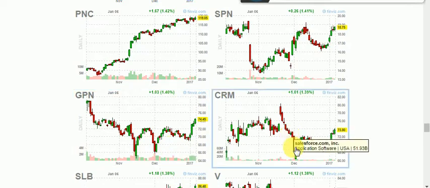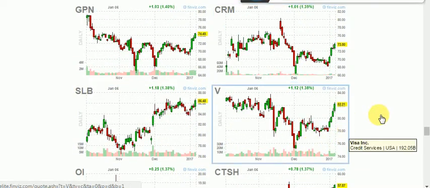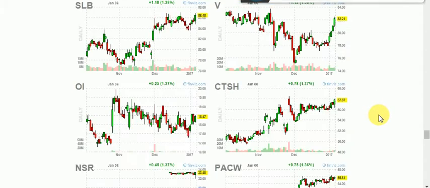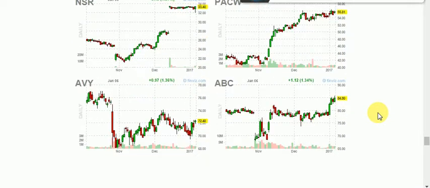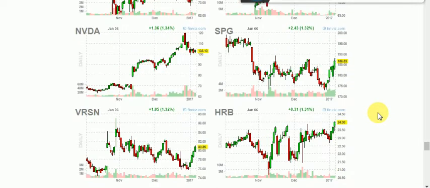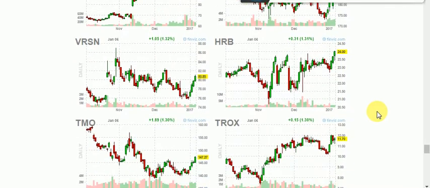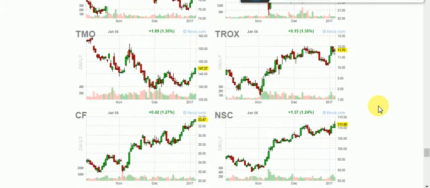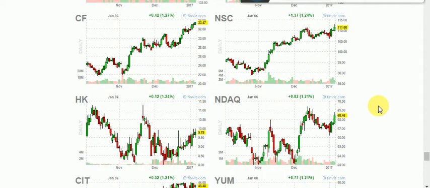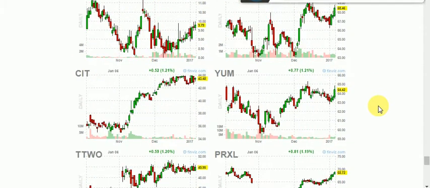Visa, CTSH. So you guys saw that the screen actually refreshed by itself, which is a really cool feature I like about this Finviz. Okay, so don't really see much going on out here.